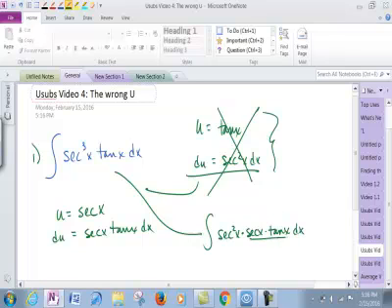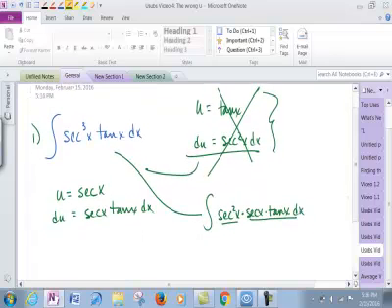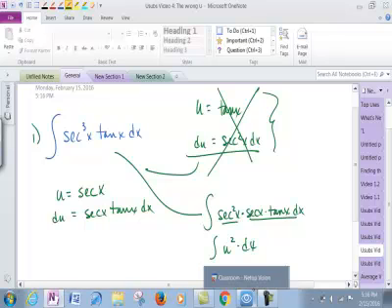Now why did I do that? Because then it's really easy to see how the u substitution is going to work. Secant squared x will simply be u squared. Secant x tangent x dx is simply du.